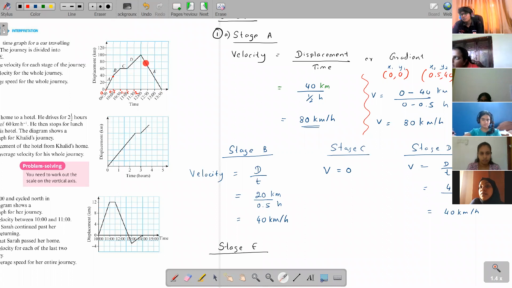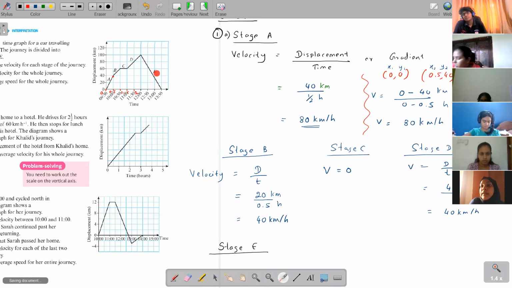So if it's a straight line, do we have a decreasing gradient, or do we have a constant gradient? Constant gradient, that means you have constant velocity. At stage E, you definitely have constant velocity.